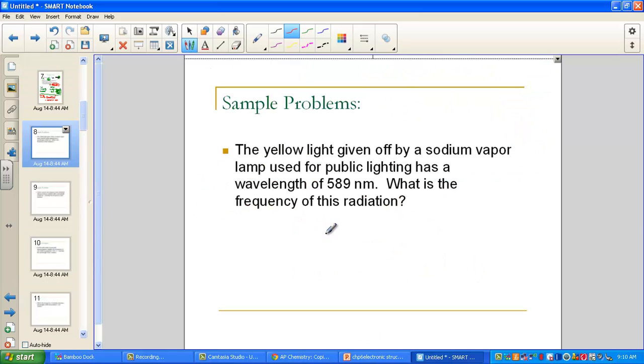The yellow light given off by a sodium vapor lamp used for public lighting has a wavelength of 589 nanometers. Wavelengths are often expressed in nanometers just to make the number easier to report. A nanometer is 10 to the -9th. What is the frequency of our radiation?